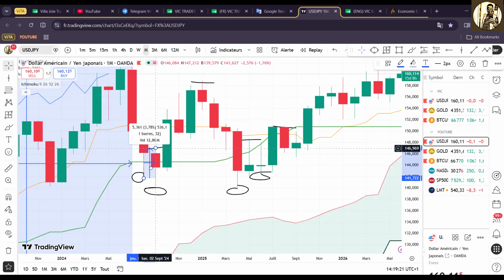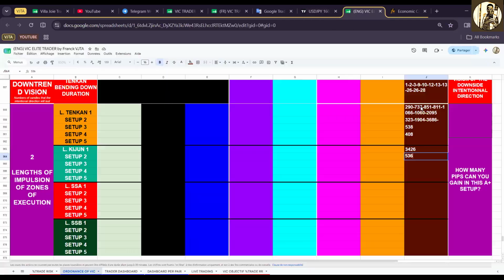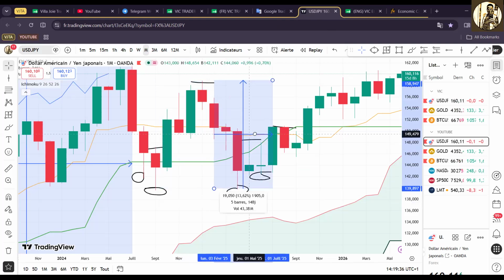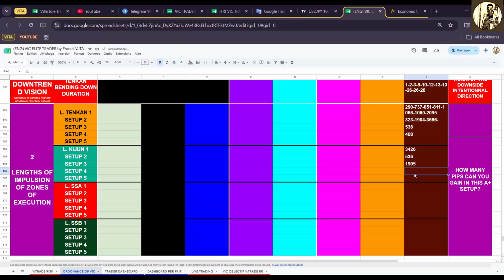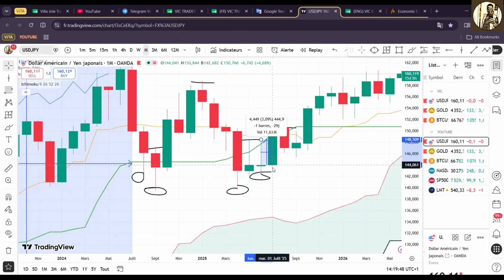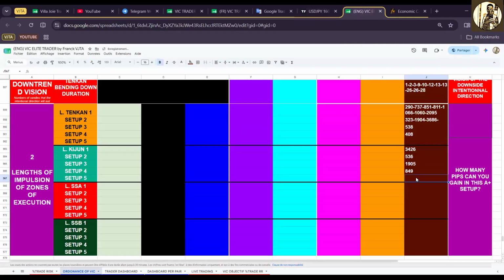Then the next one is from this point to high above here is 1,900. The third touch, 1,905, and then the fourth touch is 849, and then the fifth touch is this one, 792.